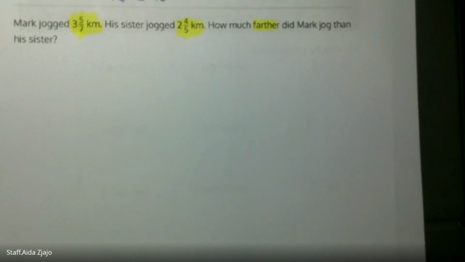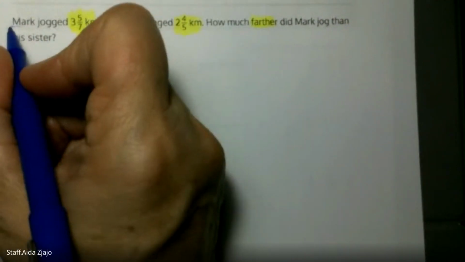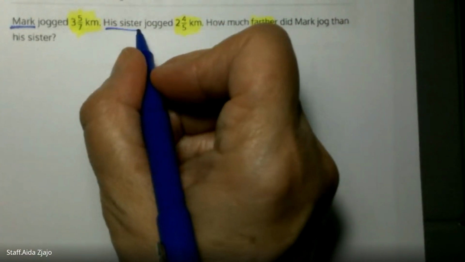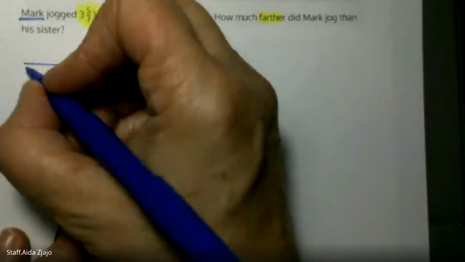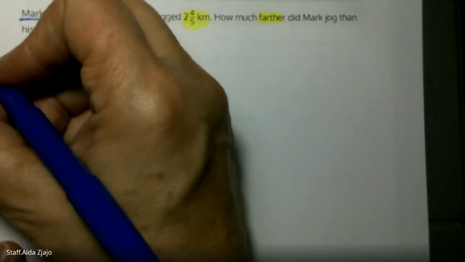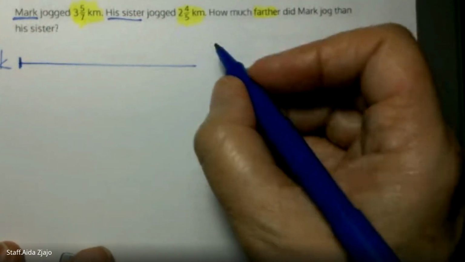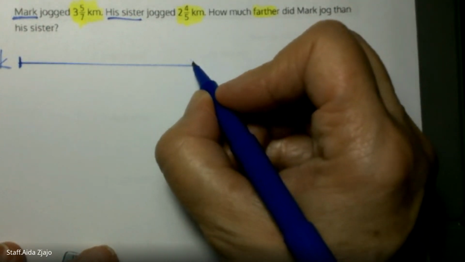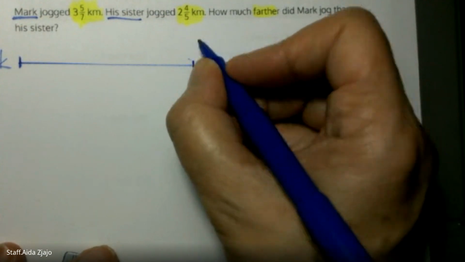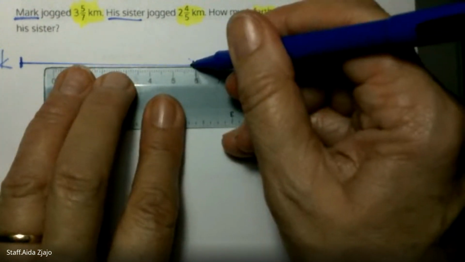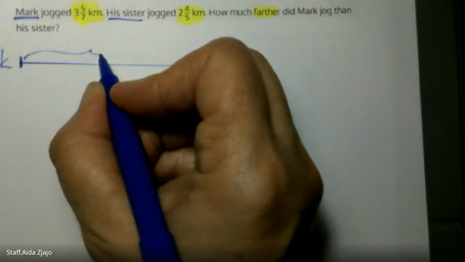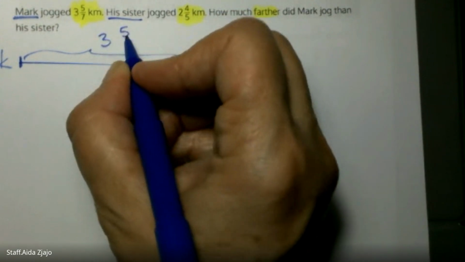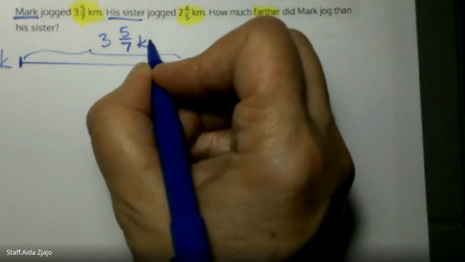So there are two people. The problem is a comparison, Mark and his sister. If we pretend that this line is Mark, he started here and he stopped right there. So this would be his running, 3 5/7 kilometers.